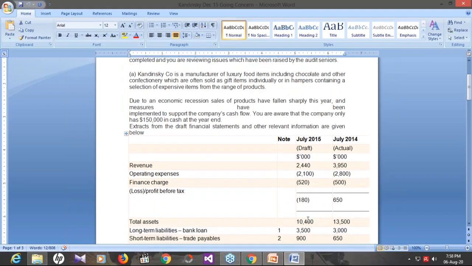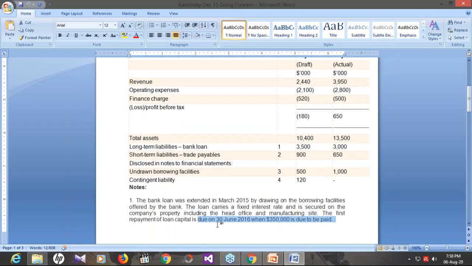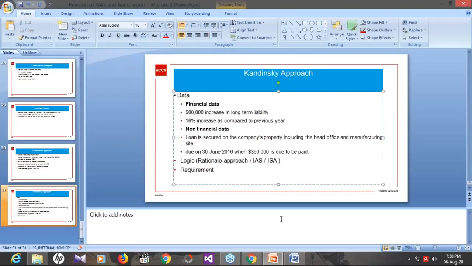So it is probable that on 30th June 2016 the company will not be able to pay 350,000. So this is logical. Whenever you are writing the logic, you should also use the data that is provided by the examiner.